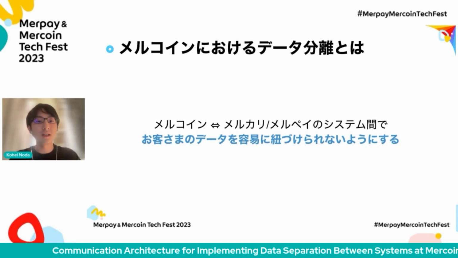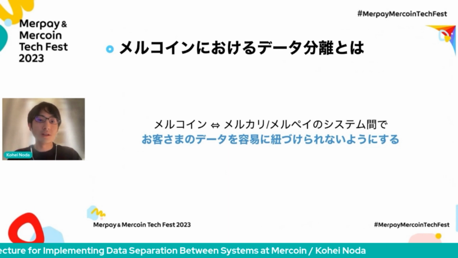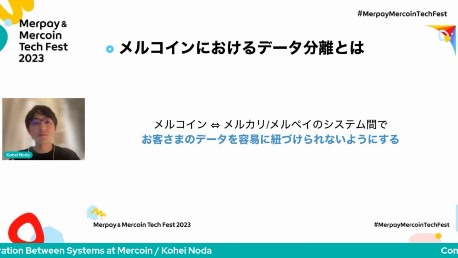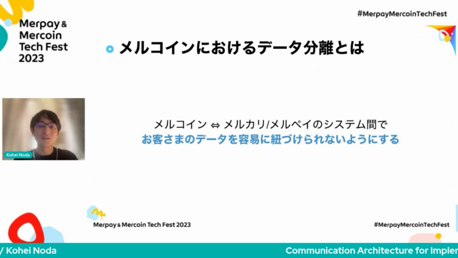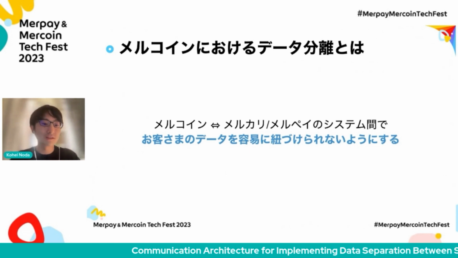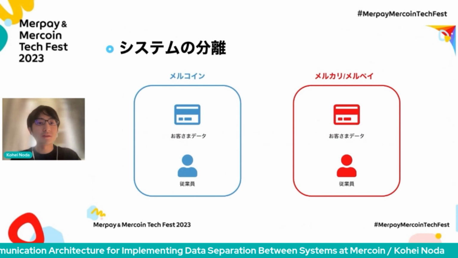So, in order to provide the Mercoin service, it was necessary to ensure that this data could not be linked between the Mercoin system and the Mercari Merpay system, even by an internal employee. That was the requirement, and that is called data separation.